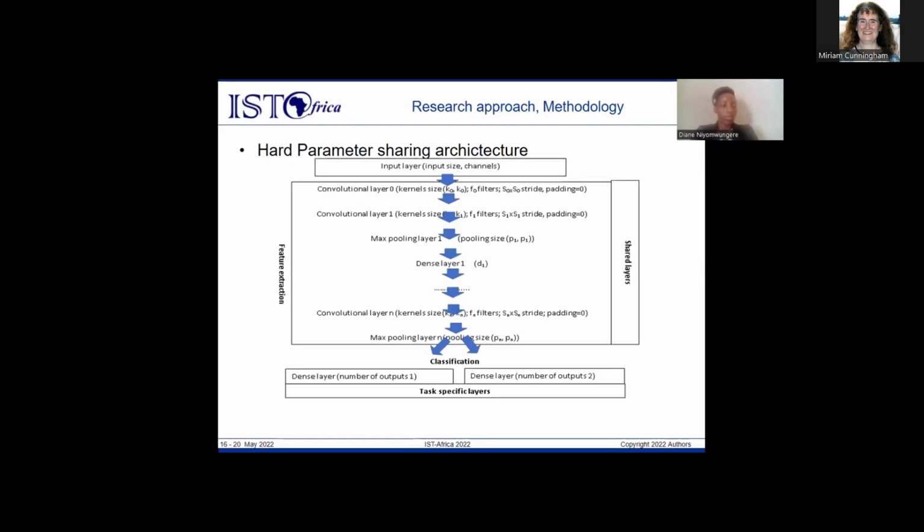So we choose to use the hard parameter sharing method, which is divided into shared layers and task-specific layers. Feature extraction is done at shared layers, and classification is done at specific layers.